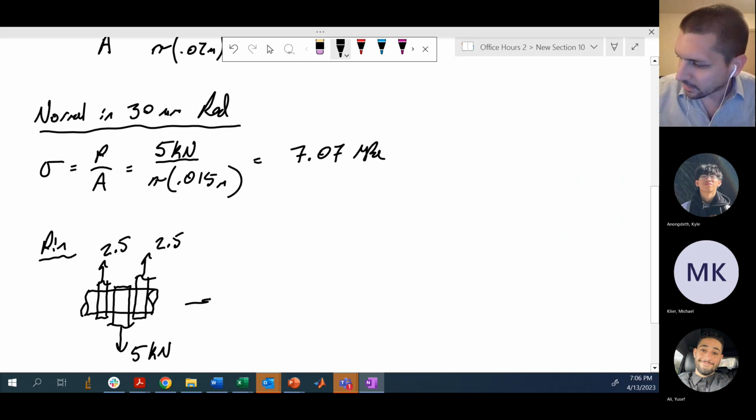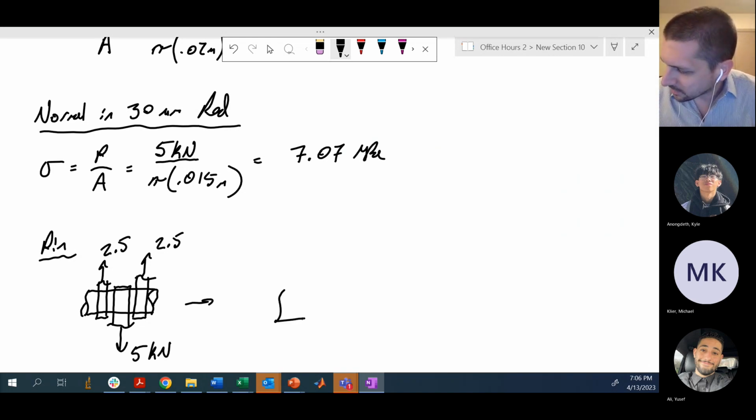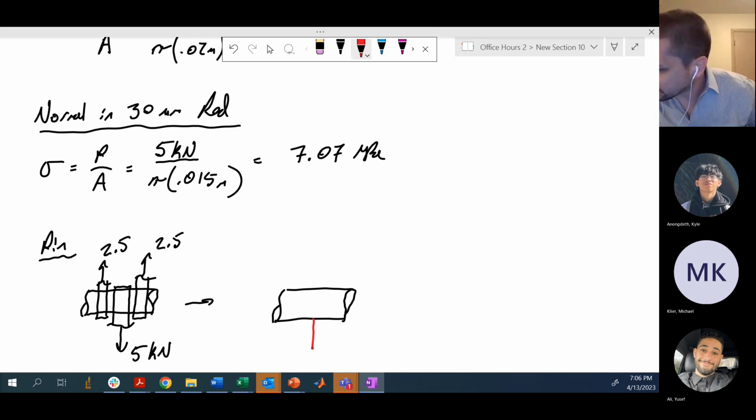If we look at what the pin looks like with those supports removed, it's going to look like 5 kilonewtons, 2.5, and 2.5.